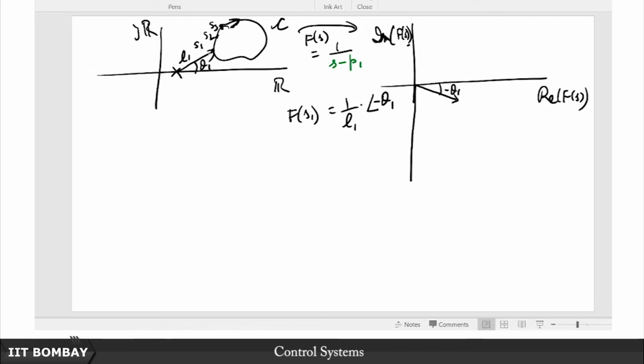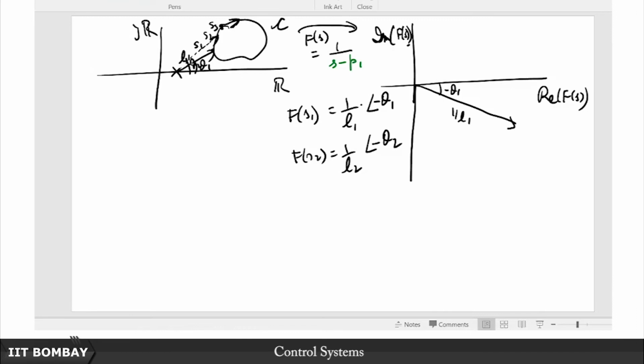So if I consider this L1 to be smaller than 1, maybe I should draw a larger 1 by L1 here. So, this is of length 1 by L1. Now, similarly, if you go for this L2 here, this is theta 2 here. So, again f of S2 here is going to be 1 by L2 with an angle minus theta 2.